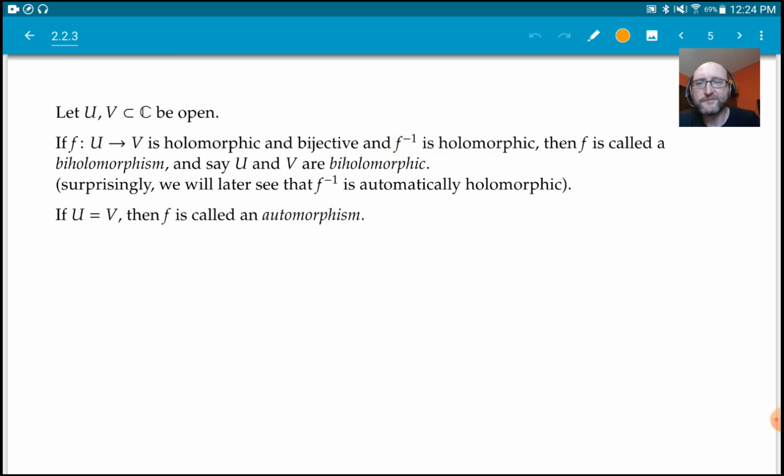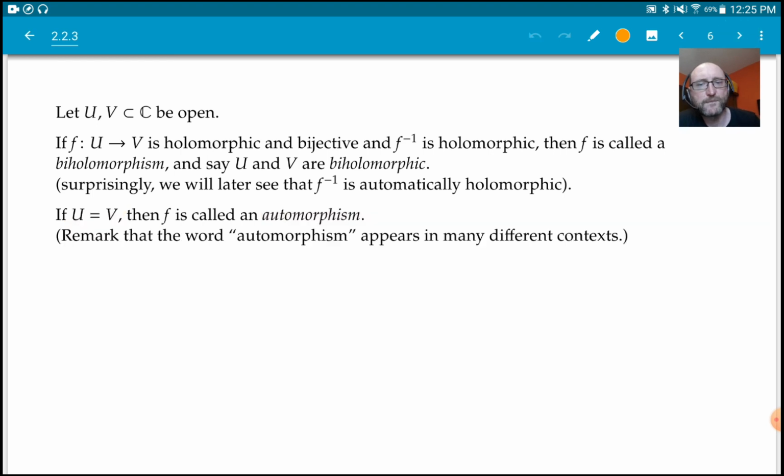So, all right, if U is equal to V, then we call F an automorphism. Right? And I should remark that the word automorphism gets used in any context when you have a function from a thing to itself that preserves some sort of structure. A lot of times people just call it an automorphism.